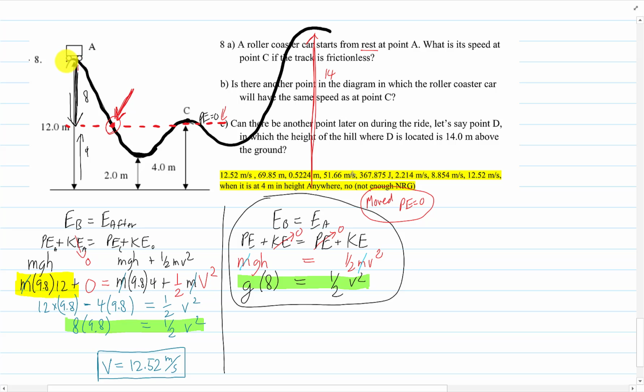Because at this point, all the energy here is in potential. That means it's stopped. That means it cannot go any higher. It has no more, and that's where the total energy is. We had the graph where the total energy is on there. It can't go any higher. It doesn't have any kinetic energy at this point to keep going up.